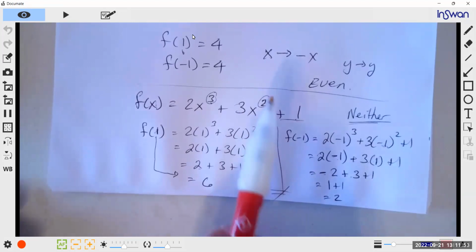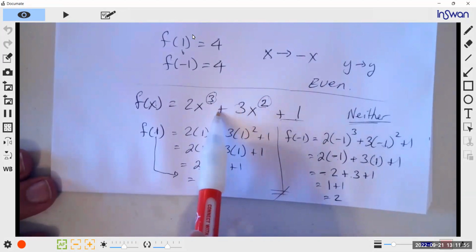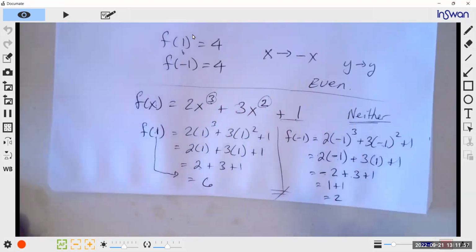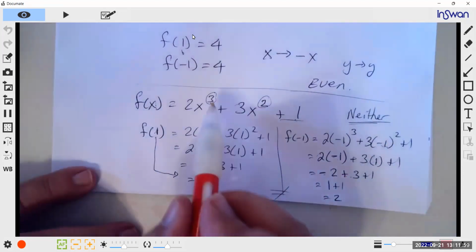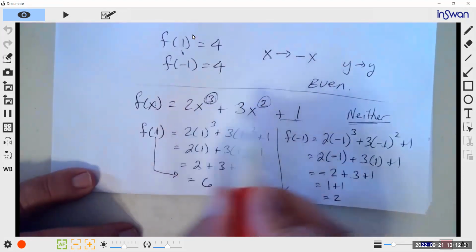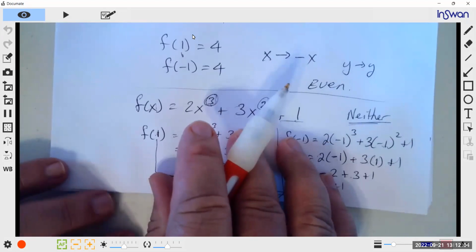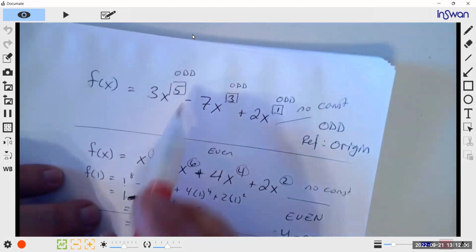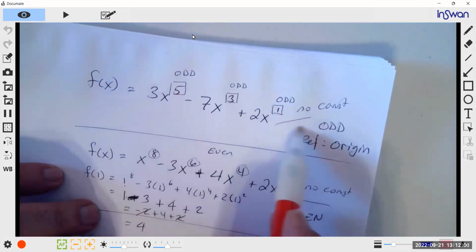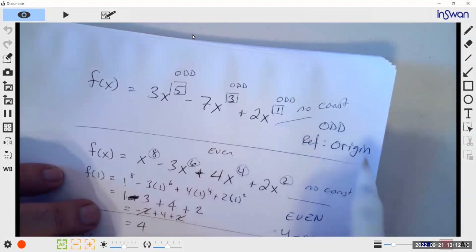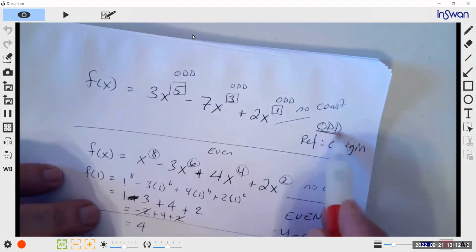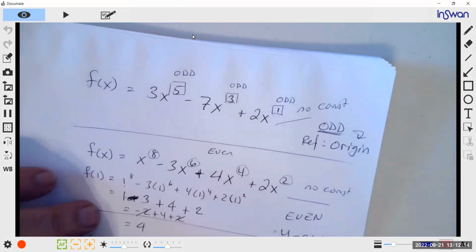So you see, if you just go by the rules, if you have an odd exponent, all of the exponents have to be odd with no constant number. Then you have an odd function. That's symmetric about the origin.